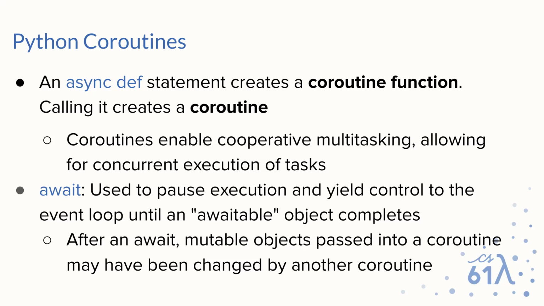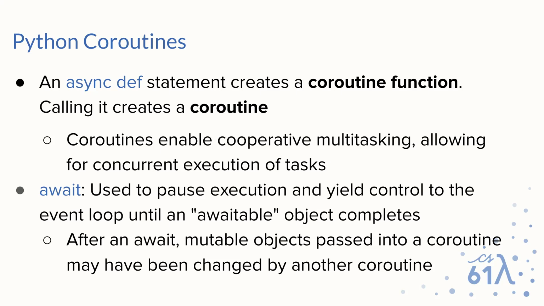So this is a function definition, or another function we can use, like a dot notation, for example. It is used to pause execution and yield control to the event loop until an awaitable object completes. Essentially, you can think of it as pausing the program and waiting a certain amount of time before something is completed, and then it outputs that result.